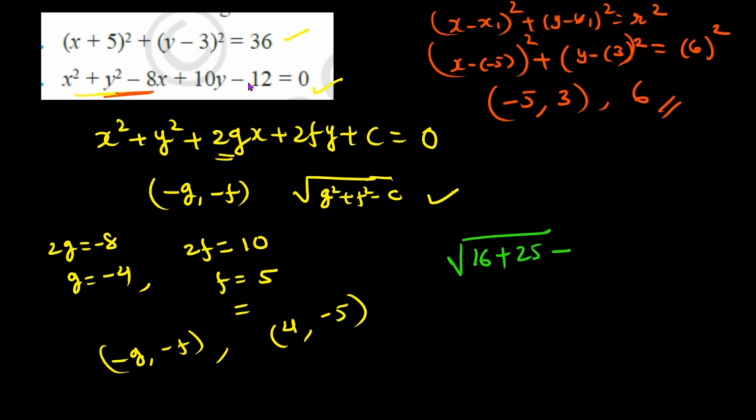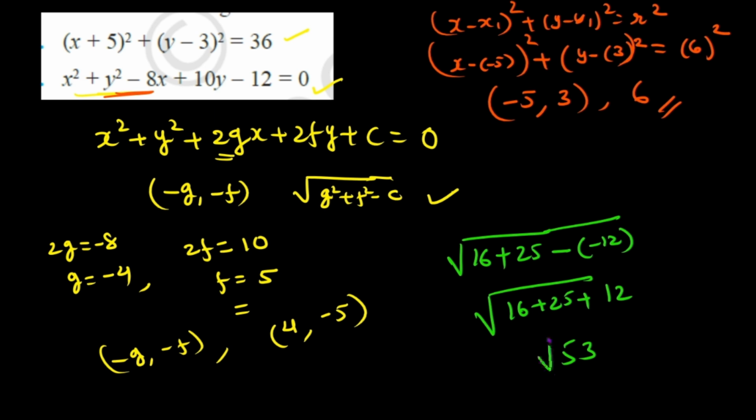What is c here? Minus 12. So minus of minus 12. Okay, c is minus 12 directly. So if you simplify this, 16 plus 25 plus 12, square root of 53. Okay. So this is the radius and this is the center. Simple, right?